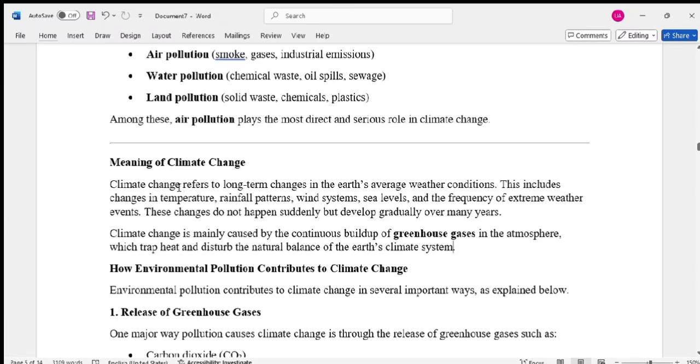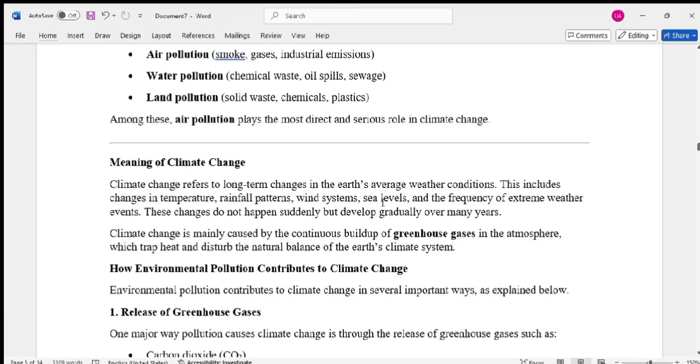So climate change refers to the long-term changes in Earth's average weather conditions. Like the average weather condition is changing. This includes changes in temperature, the one that is currently occurring, and rainfall pattern. You will see that rain falls today, and tomorrow the rainfall pattern changes. The rain will just come unexpectedly. Wind systems: the wind is blowing too much.